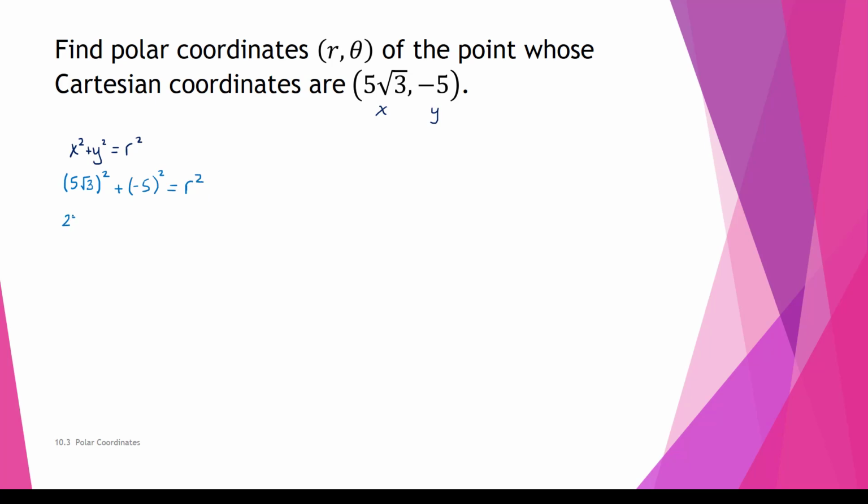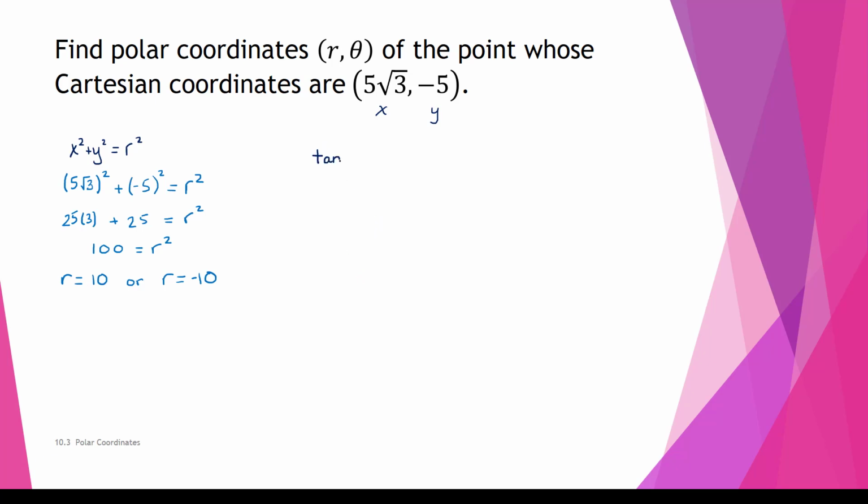Squaring, we get 25 times 3 plus 25 equals r squared, or 100 equals r squared. This means that r is equal to 10, or r is equal to -10. At this point, we know possible values for r. Now we need to work on theta.